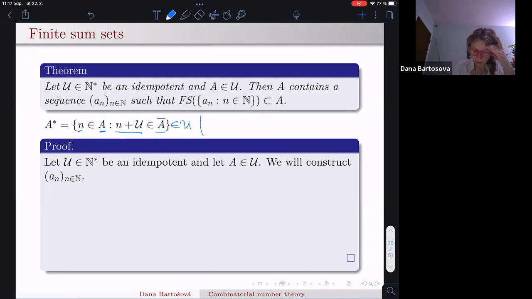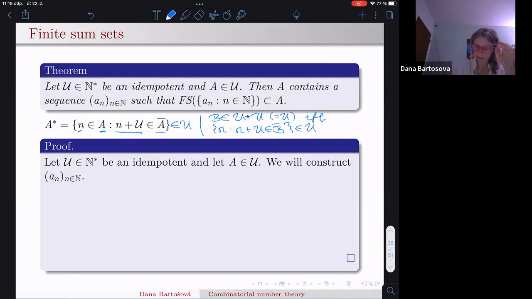So recall that B is in U plus U, and this is equal to U, right? So we have that B is in U if and only if the set of n's such that n plus u is in B bar is in U, right?